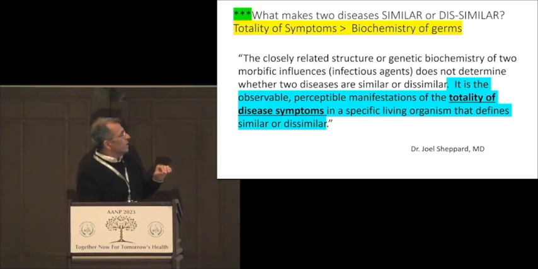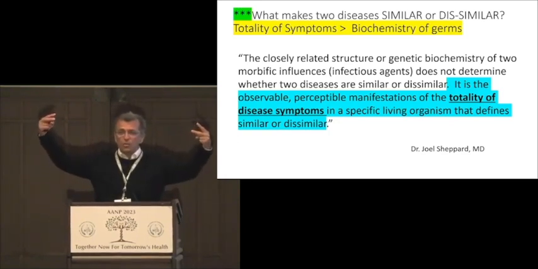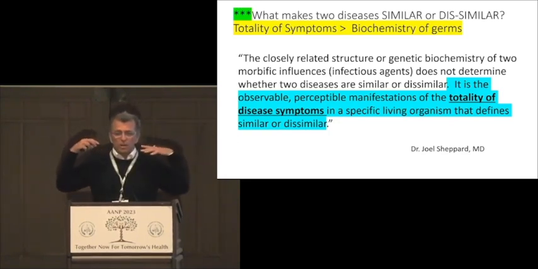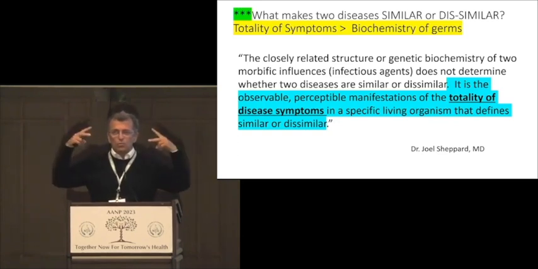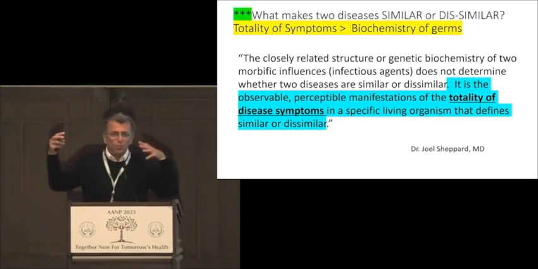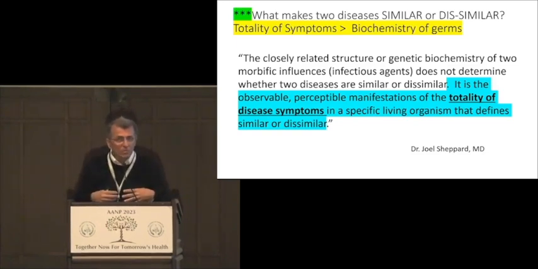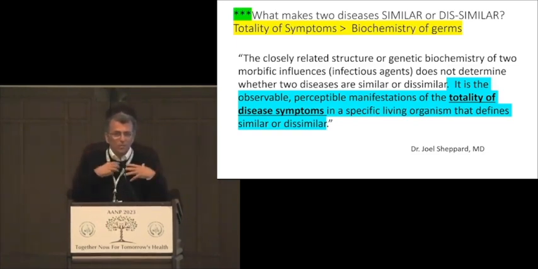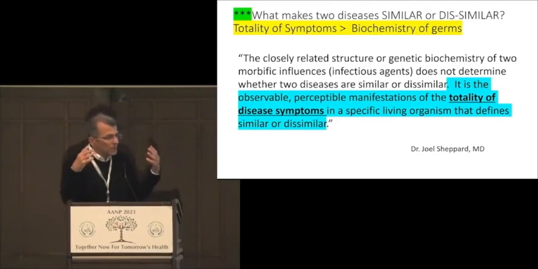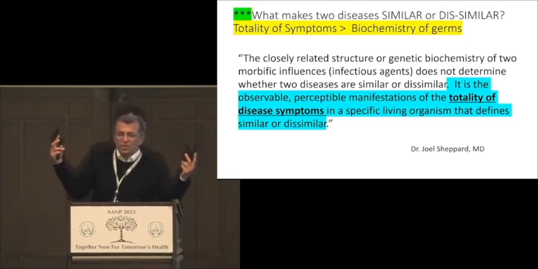So again, how do we know two diseases are similar versus dissimilar? This is probably one of the most important slides in the entire presentation. We're not looking at the biochemistry of the germs, we're looking at the totality of symptoms. So if I get two different germs going into my body, and my body thinks of these two germs as creating similar symptoms, then my body would consider these two diseases as similar.